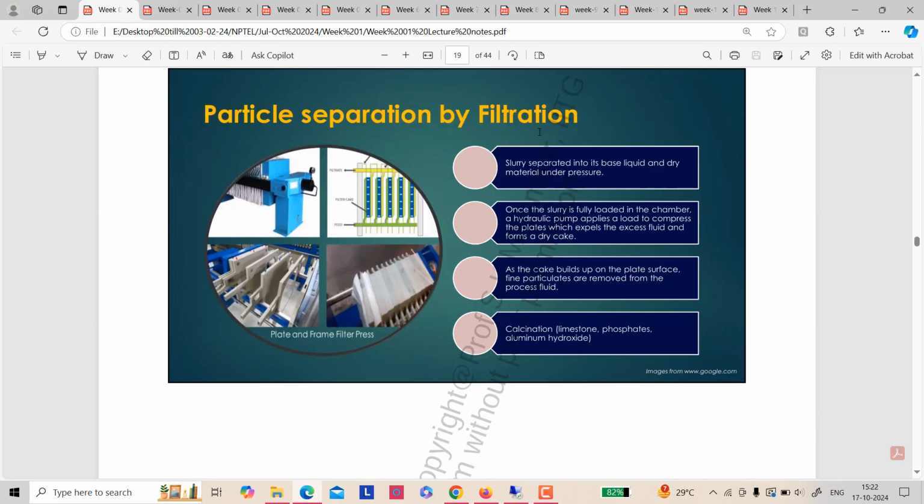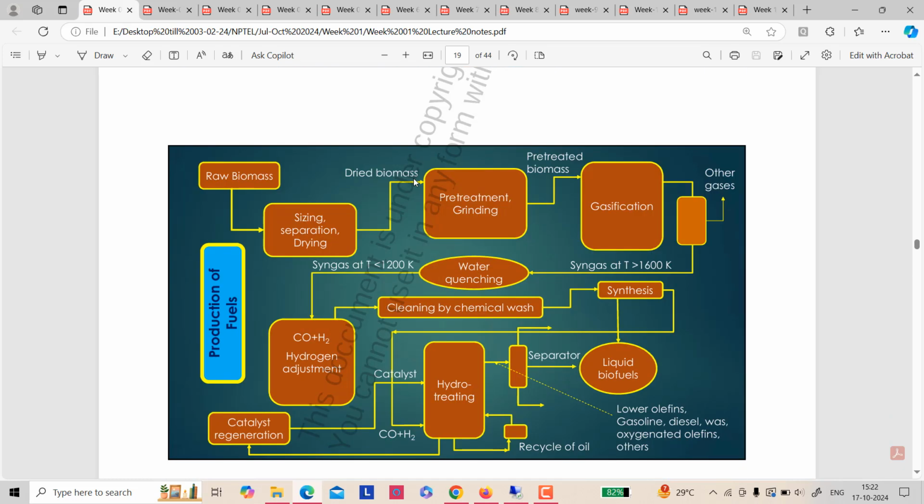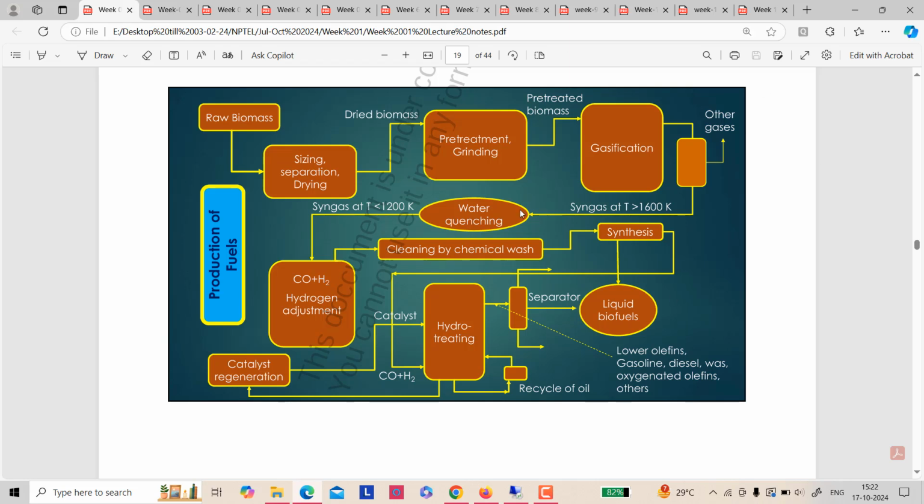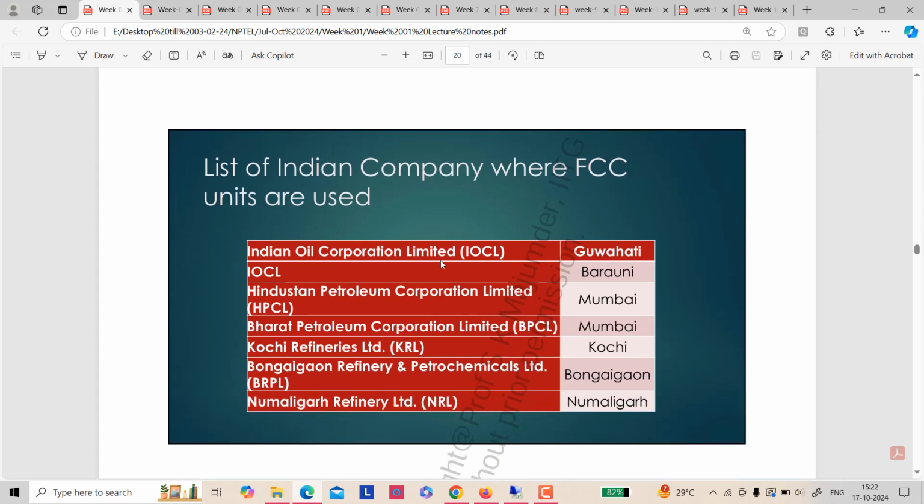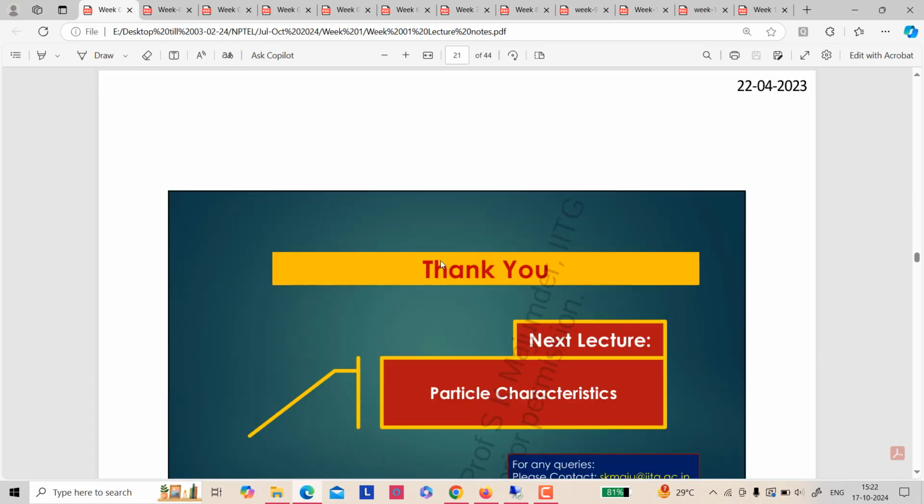This is the filtration process used commercially. In production of fuels, at every stage you need to separate and differentiate the product. So this is important. This is just the overview.